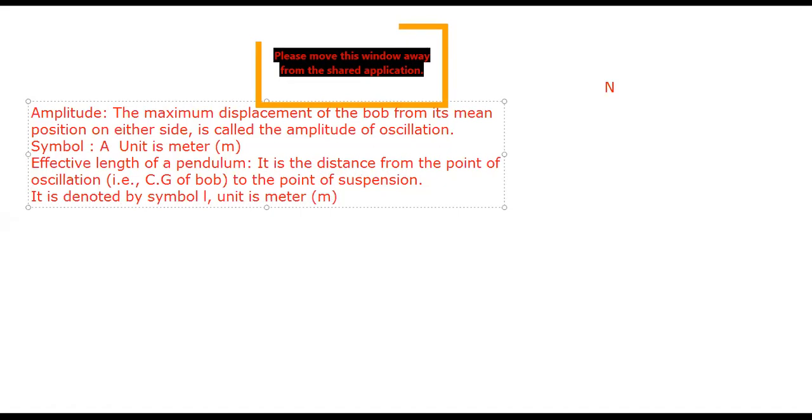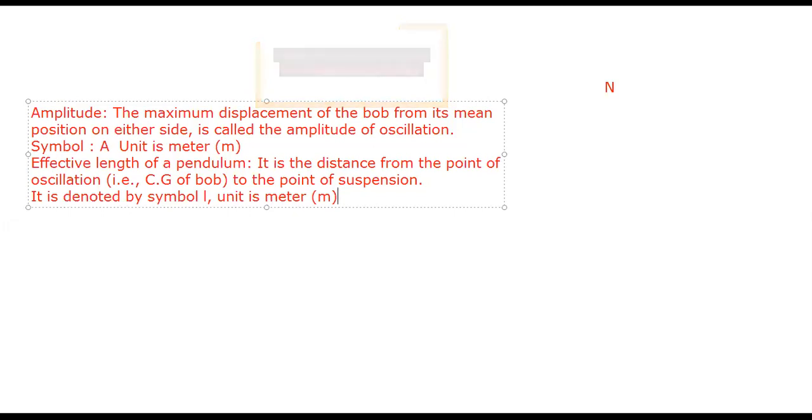So the effective length of a pendulum is the distance from the point of oscillation, that is the center of gravity of the bob, to the point of suspension. It is denoted by the symbol lowercase l, and the unit is meter.